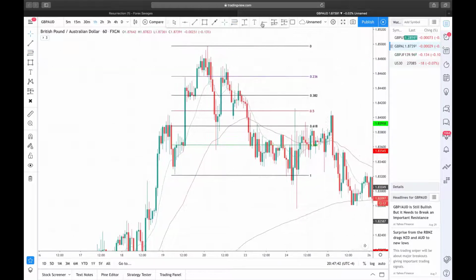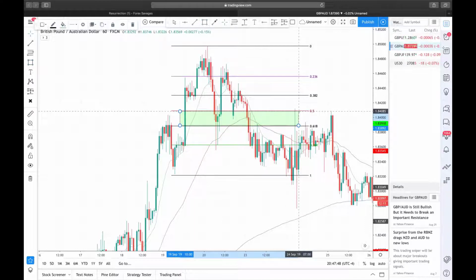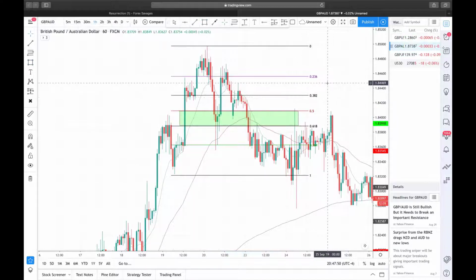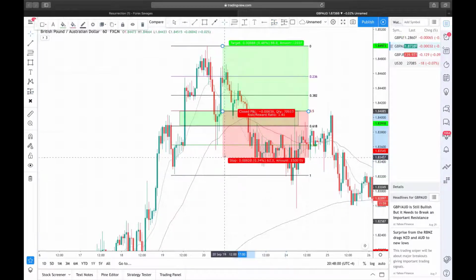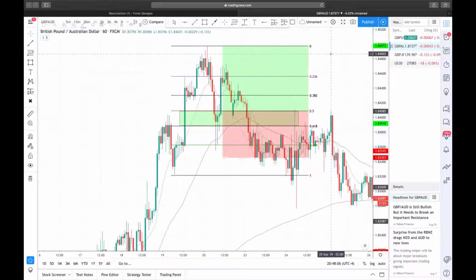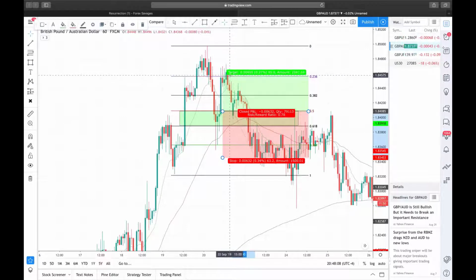So look at this. Like I said, if you don't feel comfortable and you want to put a higher stop loss, at least use proper risk management. $23.